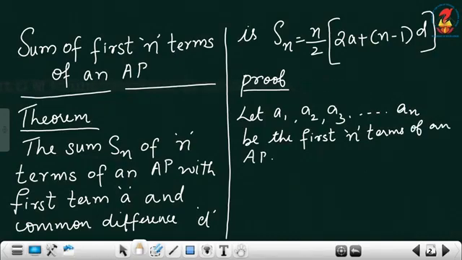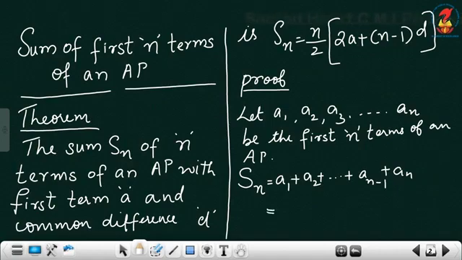So what we need is the sum of first n terms, which we can represent as Sn, is equal to a1 plus a2 plus etc. plus an minus 1 plus an. a1 is clearly a.